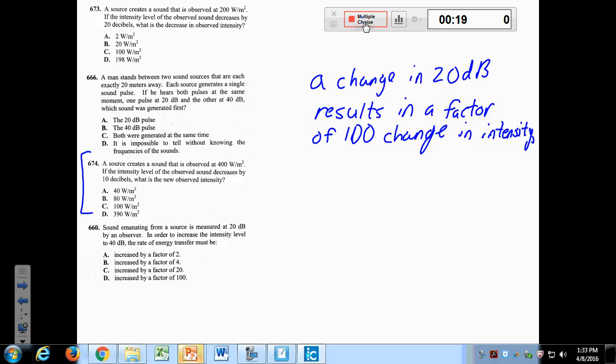What is the new observed intensity? Go ahead and do 660 if you're done with this one. And I'll stop here in just a few seconds.